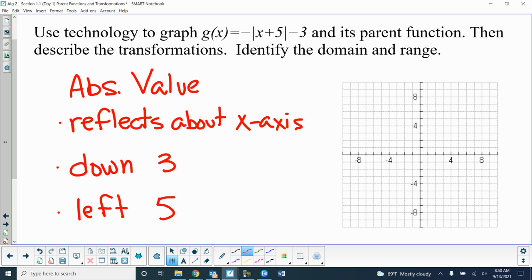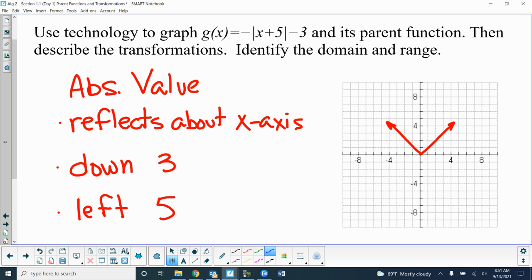Okay? So again, our parent function is this for absolute value, right? So reflect about the x-axis means it would be going down, right? Just flips it. But we're supposed to go down 3 and left 5, right?